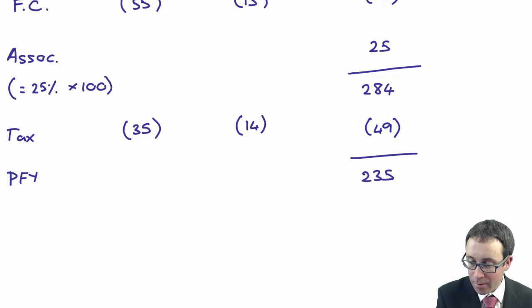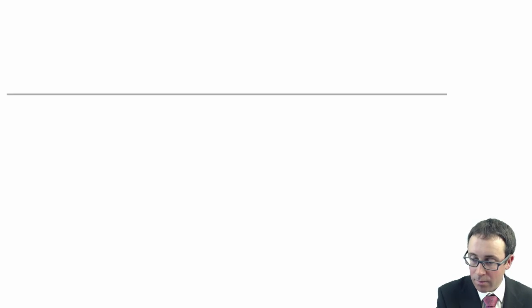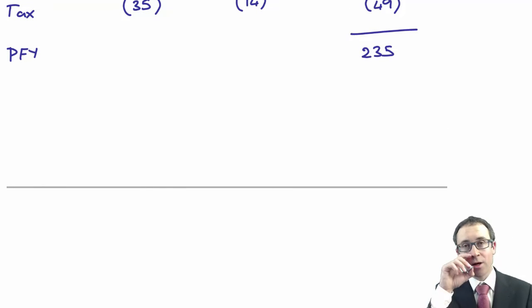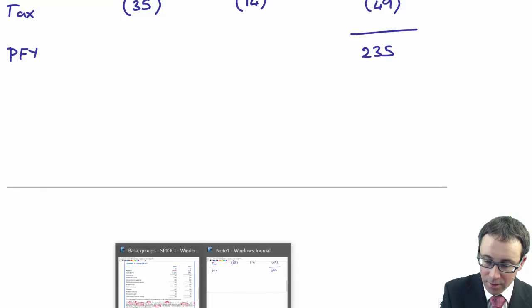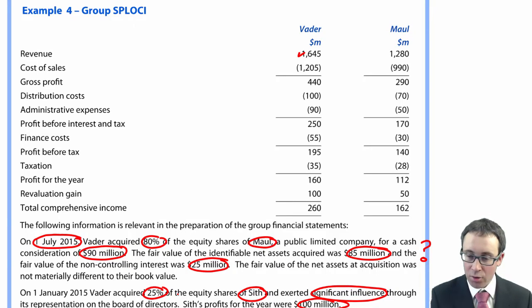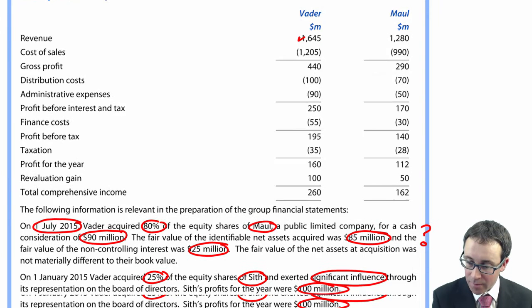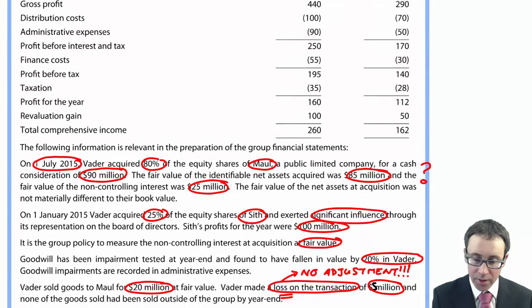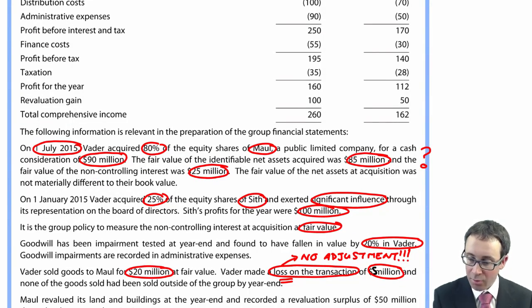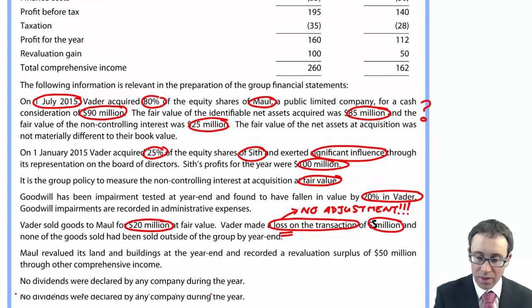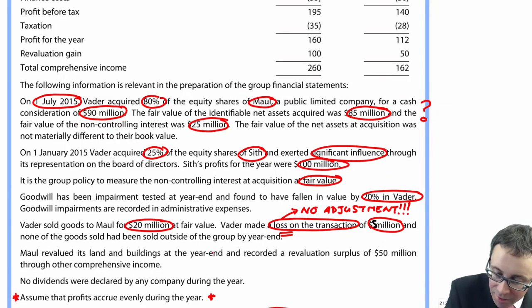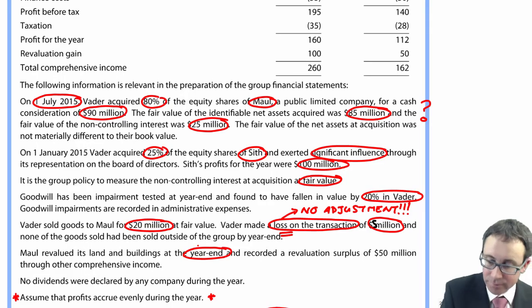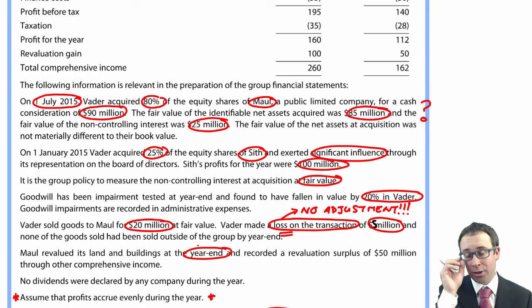Okay. We then need to go through and look at OCI. So you've got there, is it your revaluation gain of 100? And is it there of 50? And it does say there, we revalued the land and buildings at the year end and record a revaluation surplus of 50.